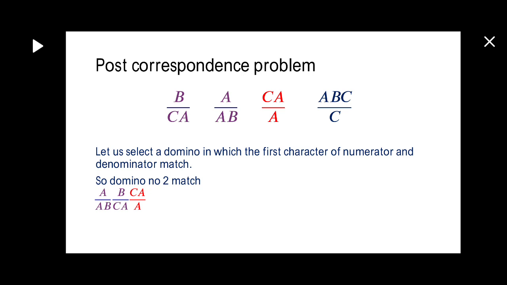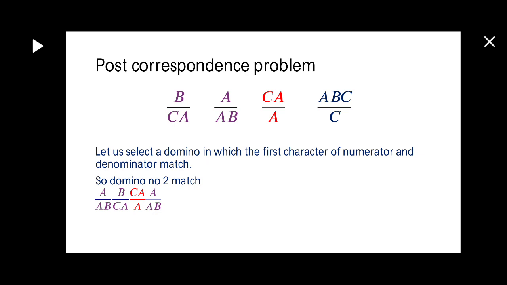The second domino has A on the top and AB on the bottom. So now you can select either domino 2 or domino 4 here. When I select domino 2, A and A match here, and additionally you have AB on the denominator.